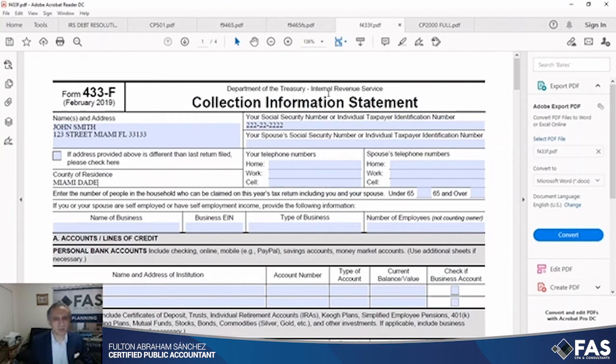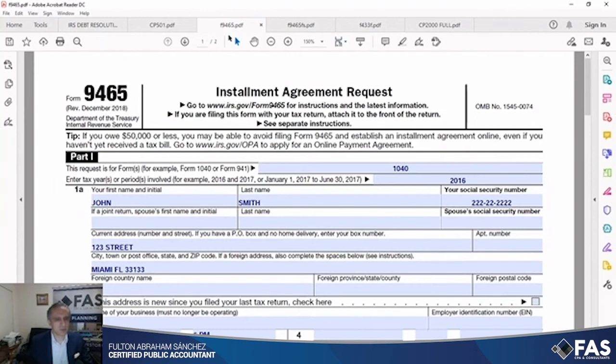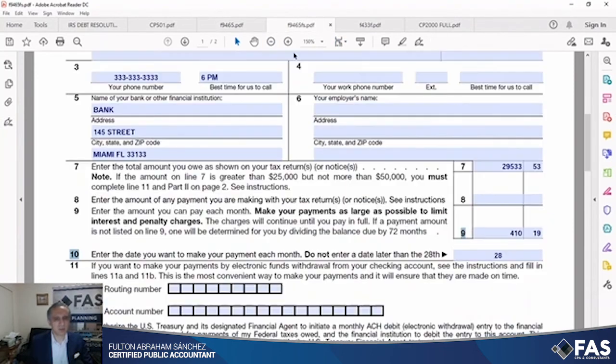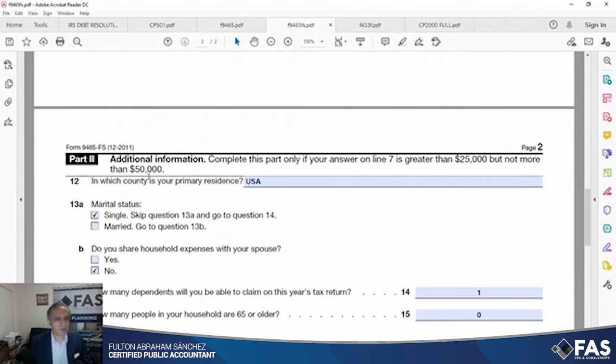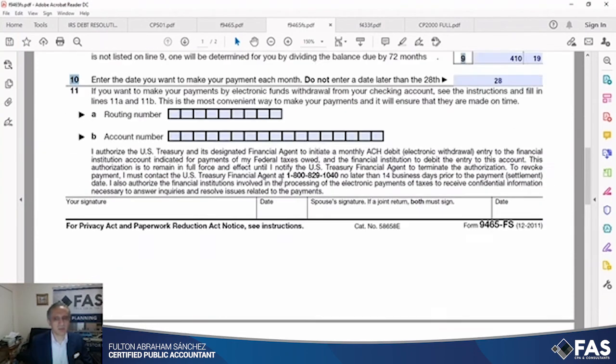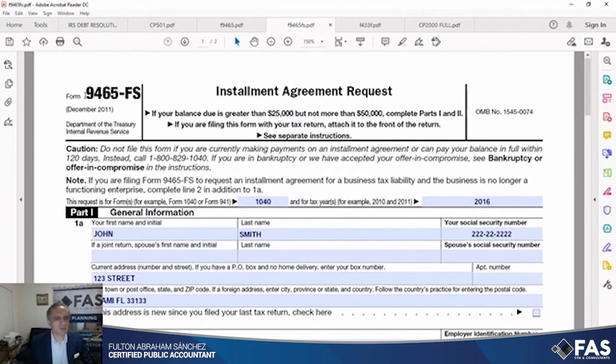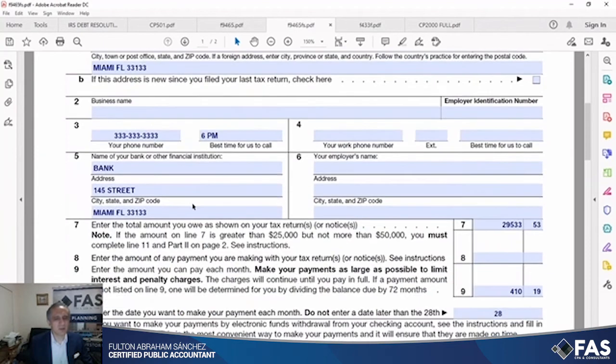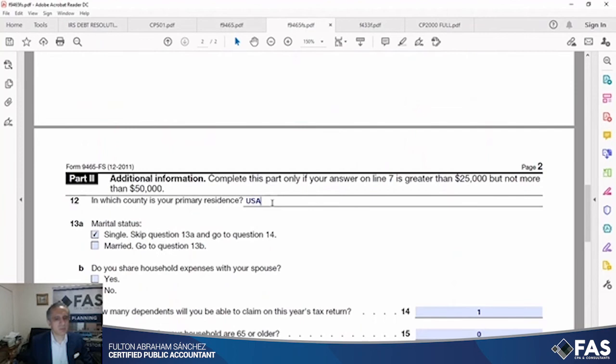Okay, county. Let's see in the other forms. I think that it was here in this form. Which county? Yeah, this is on form 9465 FS. On page number 2, it is actually county, not country. So I say Miami-Dade.